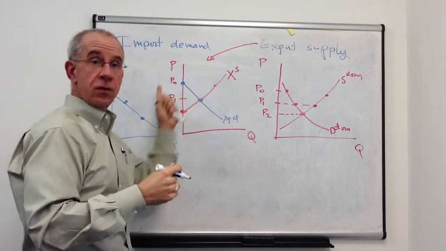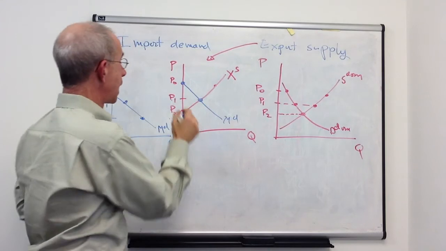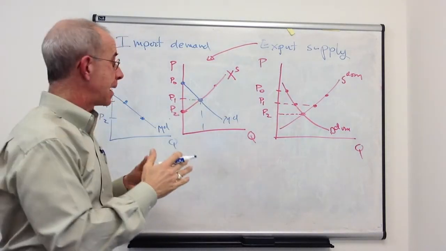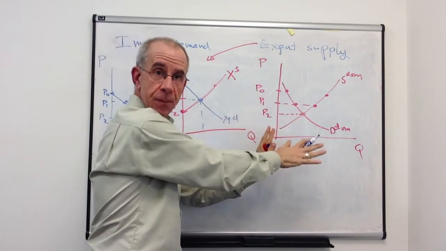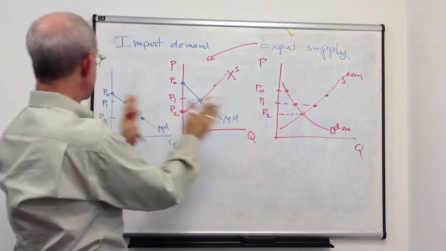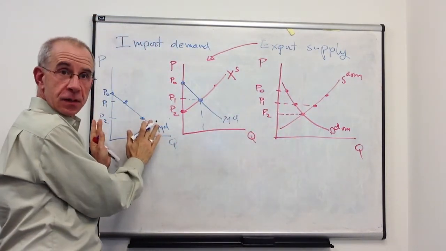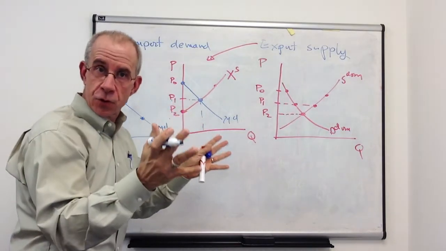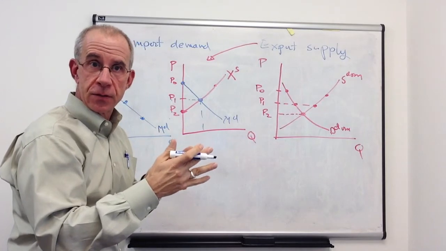Where these two lines cross at P1 is where the amount that this country wants to supply on the international market equals the amount that this country is demanding. And that's going to be the trading equilibrium for these two countries.